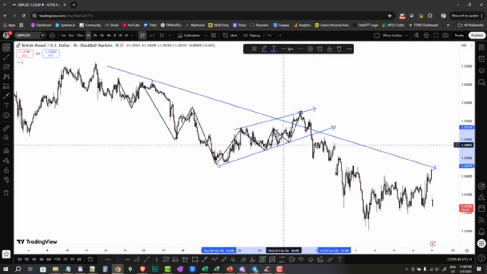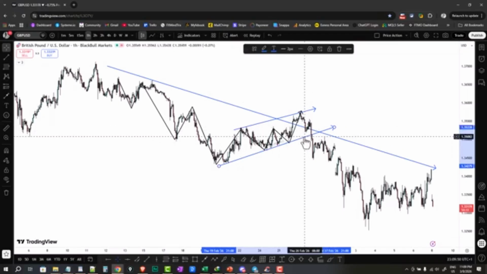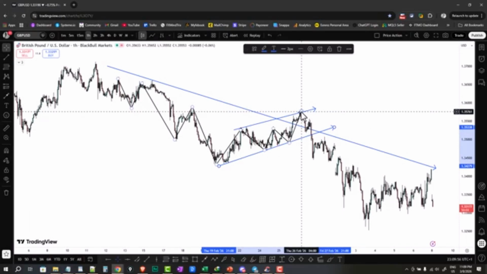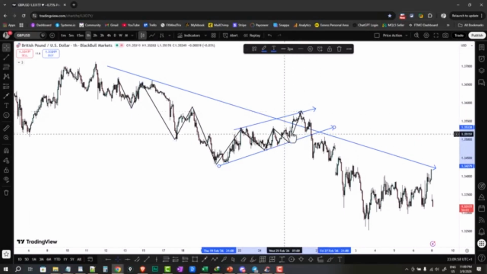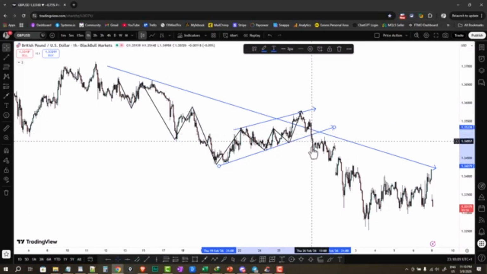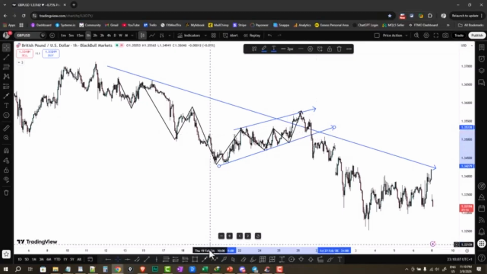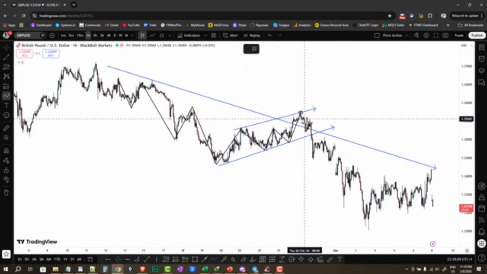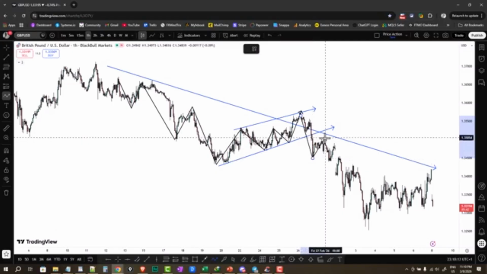Okay, and you can see that even though it looked like we were forming the market structure of an uptrending market here, out of the blue, price struggled to continue doing that because the direction of the predominant trend for this pair was bearish. And so it immediately stopped forming the market structure of an uptrending market, and then it broke below this higher low, and then it continued forming the market structure of a downtrending market, which is characterized by the formation of lower lows here, you can see, and lower highs.